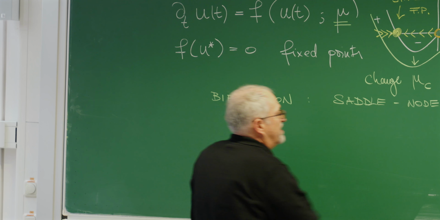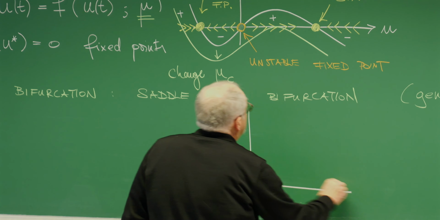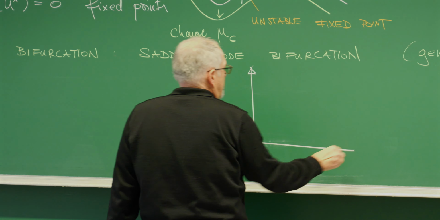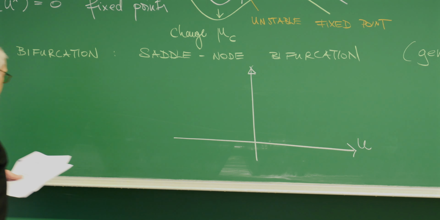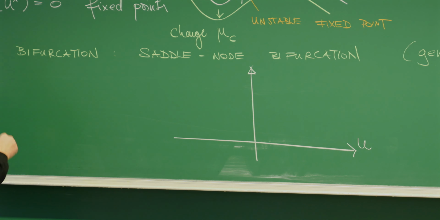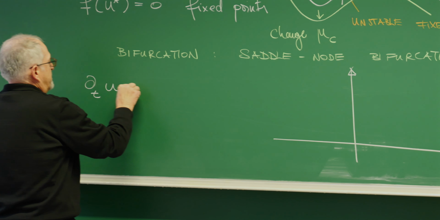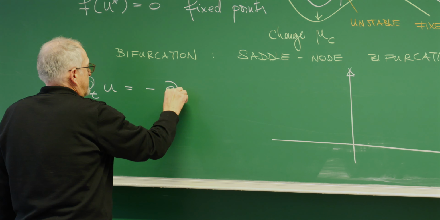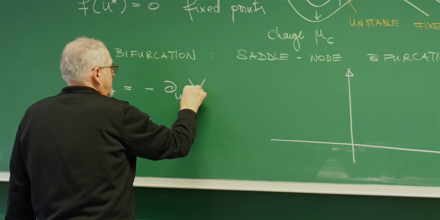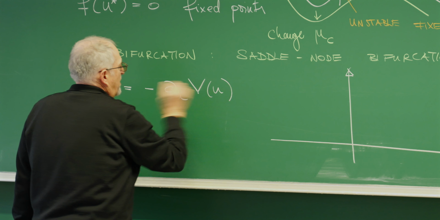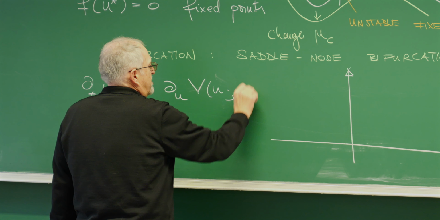There's one other thing you can do. You can draw this differently. So we have written it this way. Now let me write it this way. Need a different symbol, V of u, and of course also depending on mu.